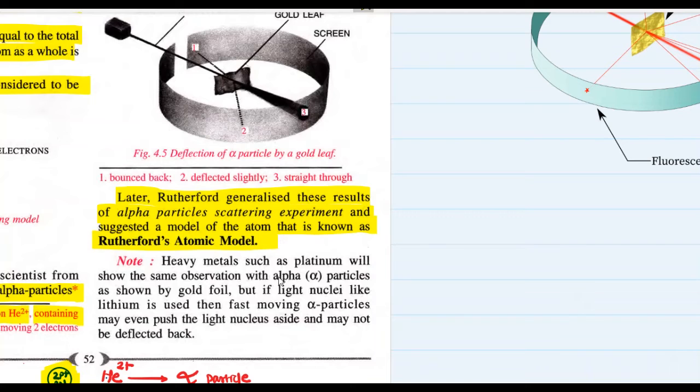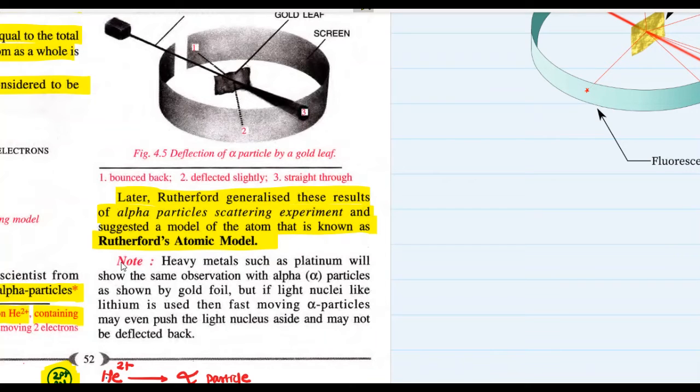Now everything was clear to Rutherford. He did not only discover the nucleus, he actually figured out what the structure of the atom is in reality. Rutherford was the first person to say that with the maximum accuracy.